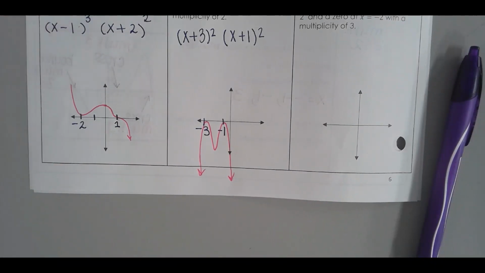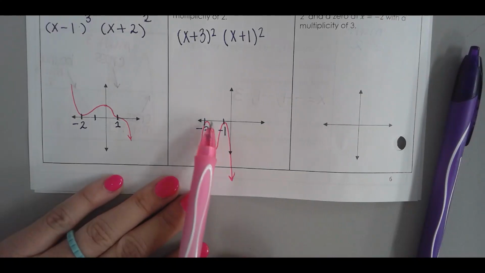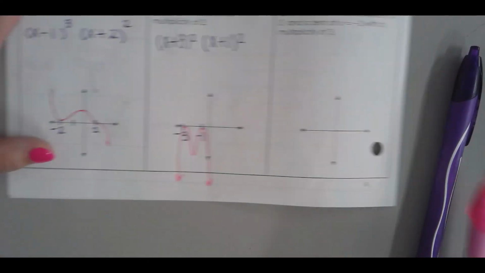That's a possible example. Yours could also be upside down because I'm not telling you what number would go in the very front, so it could flip it upside down. Right now, this would be if there was a negative in the front, it would make it go upside down. But it should not actually cross through at all.